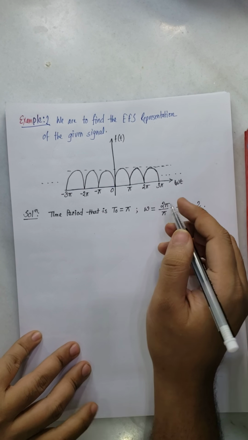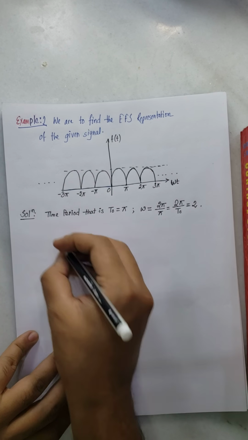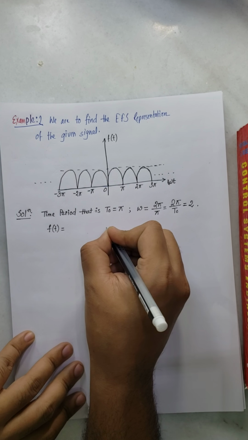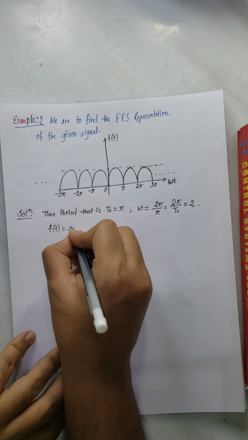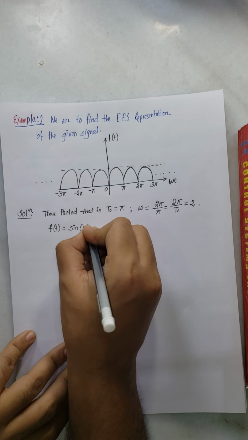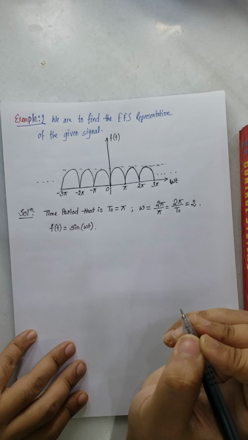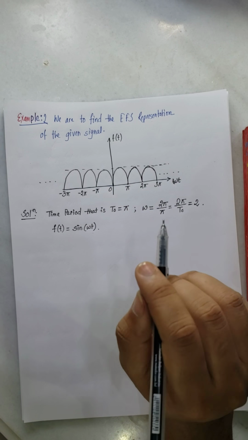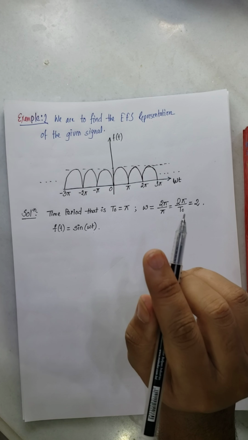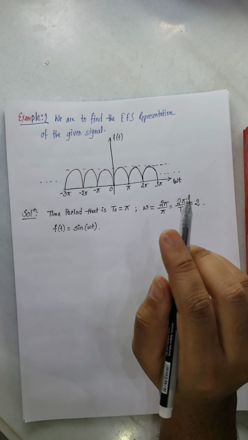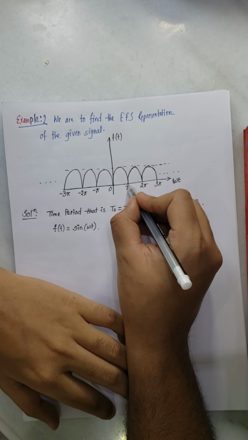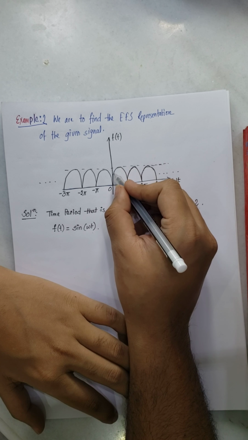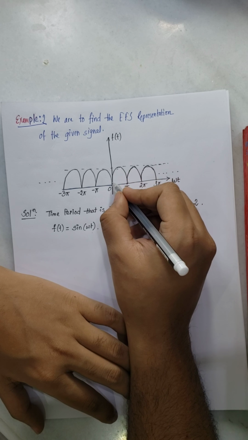Then let us go ahead and define the function f of t, which is sine of omega t. Now the question arises, how come this is a sine function? If we look from 0 to pi, we see that the function behaves like a positive cycle of the sine function.